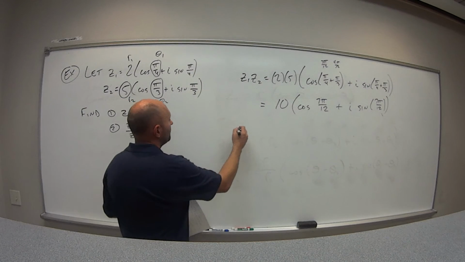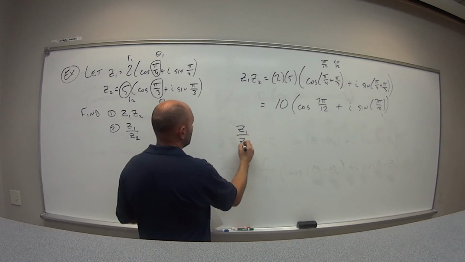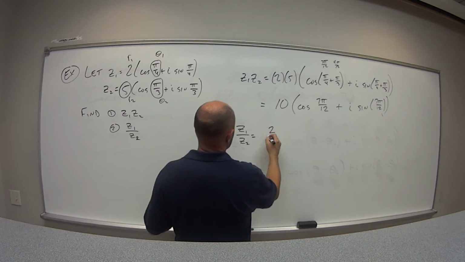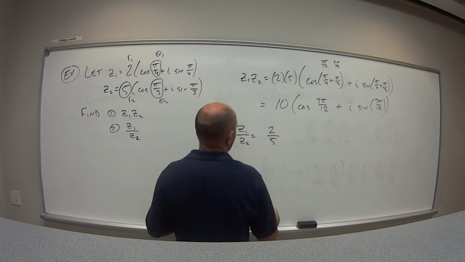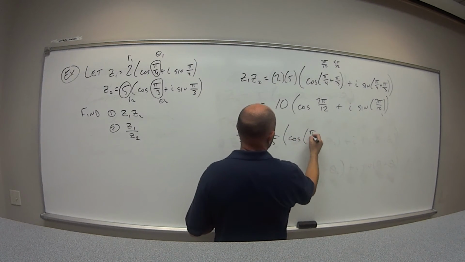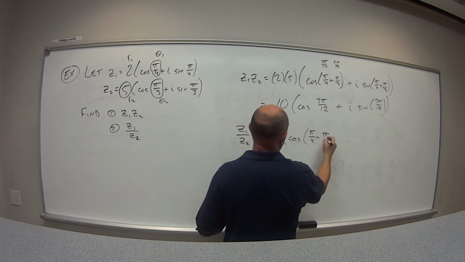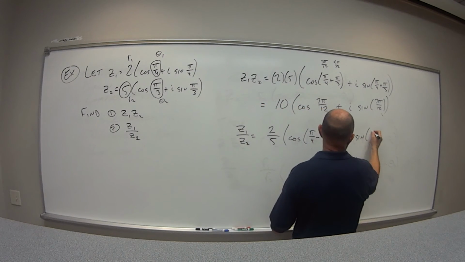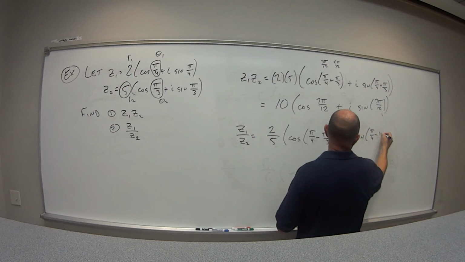For Z1 divided by Z2, well, it's R1, which is 2, divided by R2, which is 5. And then cosine of pi over 4 minus pi over 3 plus I sine of pi over 4 minus pi over 3.